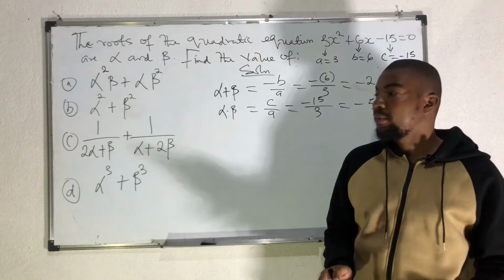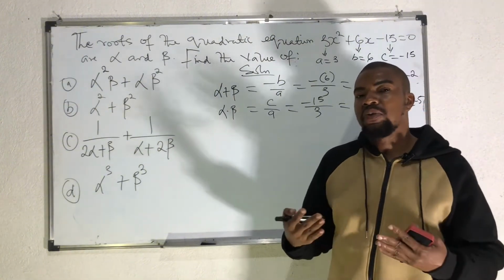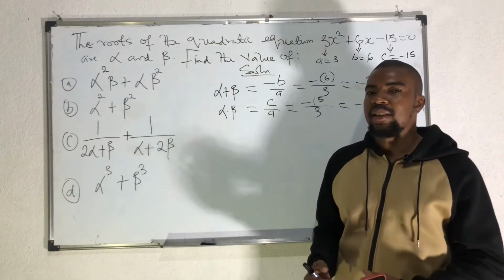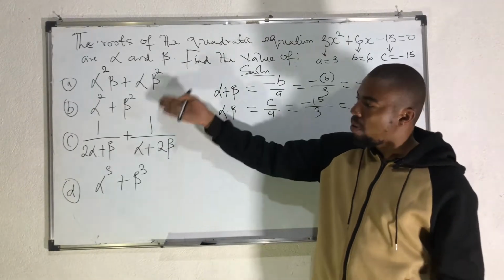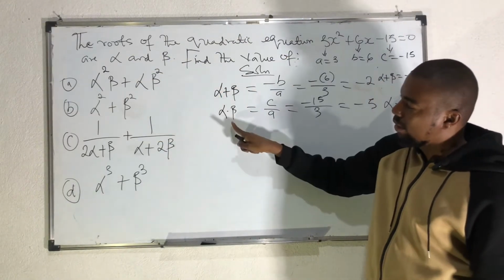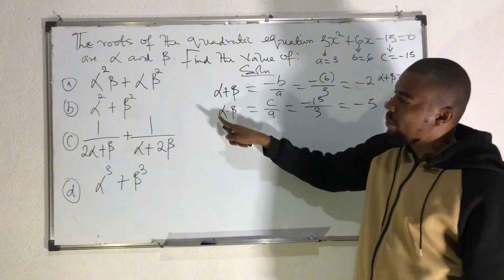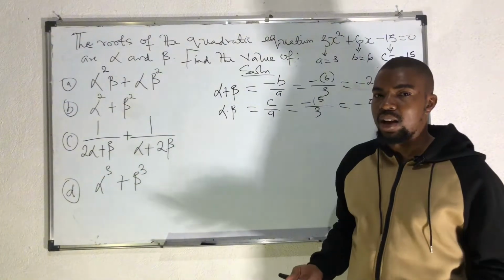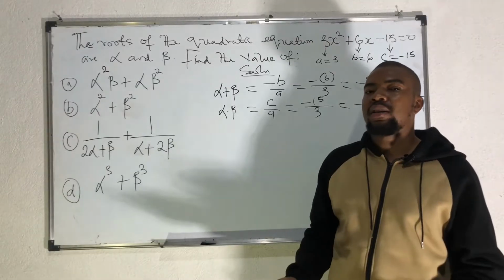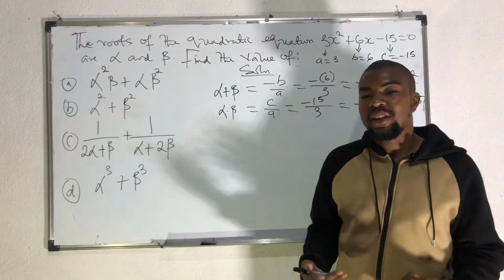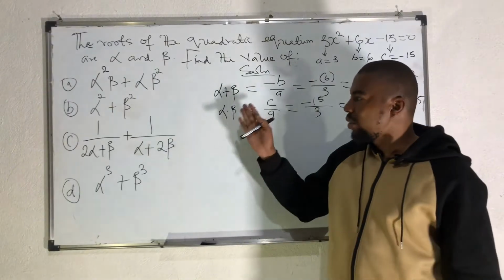I repeat, whenever you're given this kind of problem to solve, the first question you should ask yourself is, how can I transform these things into this and this? The two of them must appear in any of this before you can start solving. Otherwise, you're going to get stuck. There is no known way of doing it. You have to apply all the mathematical principles you know in order to get it right.